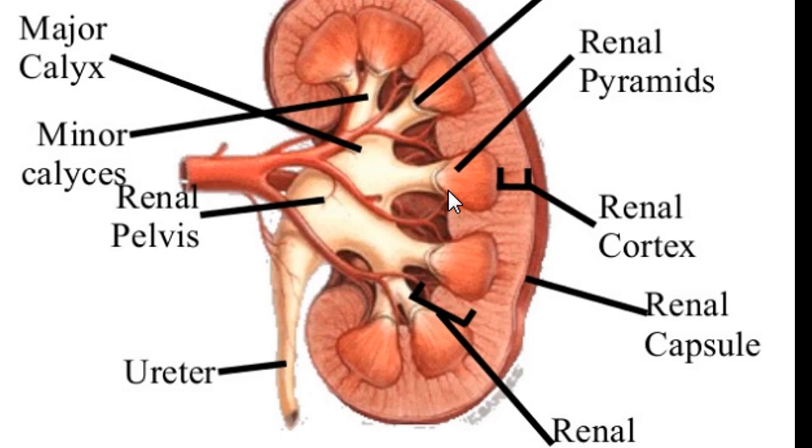So the macroscopic structure of the kidney is composed of cortex and medulla. The hilus contains the renal pelvis, which has major calyces. Each major calyx has 1 to 4 minor calyces. The area of the medulla attached to the minor calyx is triangular or pyramidal in shape, called the renal pyramid, and the part of the cortex attached to it is called the renal cortex.